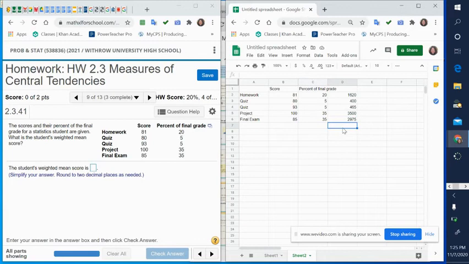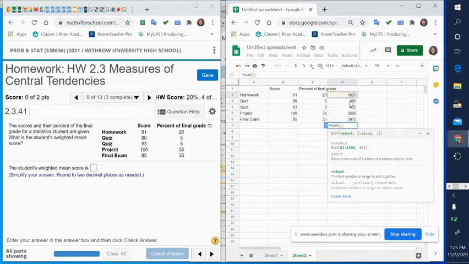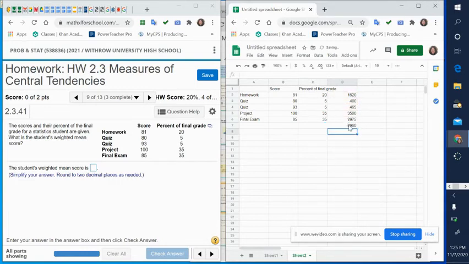Now I need to add up all those answers above, so equals the sum, 8960. And I have to think for a second. Percent of final grade. All I want to know is how many grades did I have? So 1, 2, 3, 4, 5.